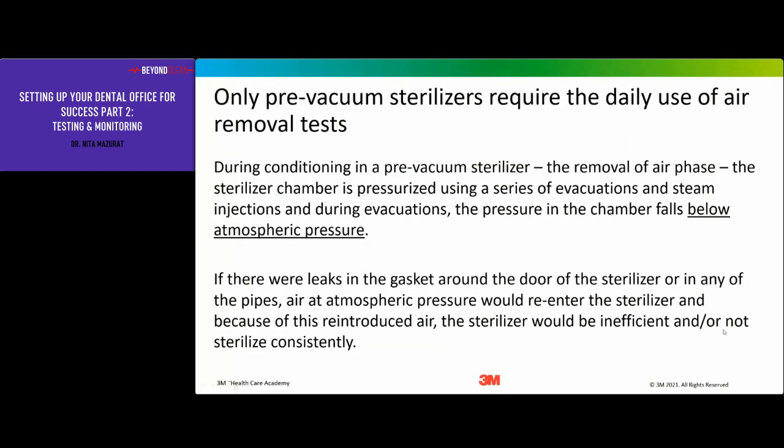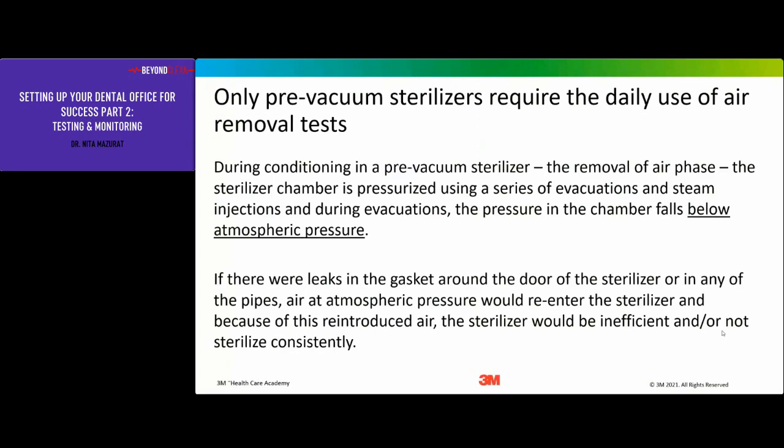Only pre-vacuum sterilizers, though, require the daily use of air removal tests. During conditioning, in a pre-vacuum sterilizer, during the removal of air phase, the sterilizer chamber is pressurized using a series of evacuations and steam injections, and during evacuations, the pressure in the chamber falls below atmospheric pressure.